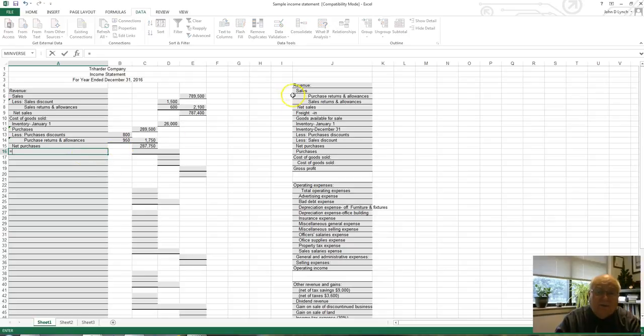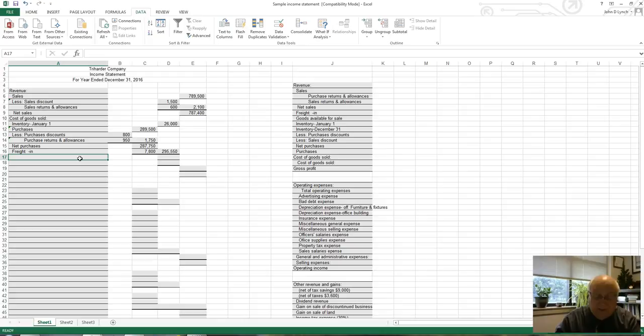But we're not done yet, because we also may have freight in. We have to pay for the transportation to come in. So we add freight in, which in this case is $7,800. We add those two together, $287,750 plus the $7,800, to get $295,550.